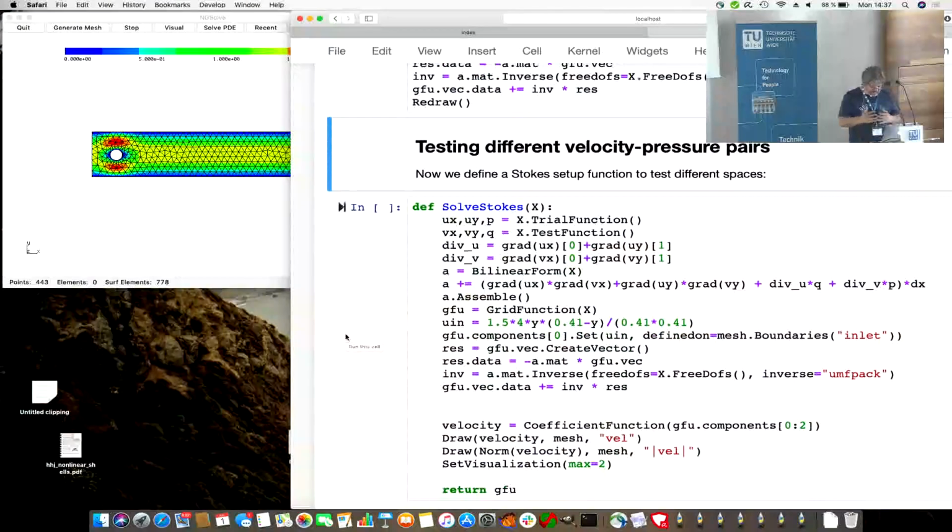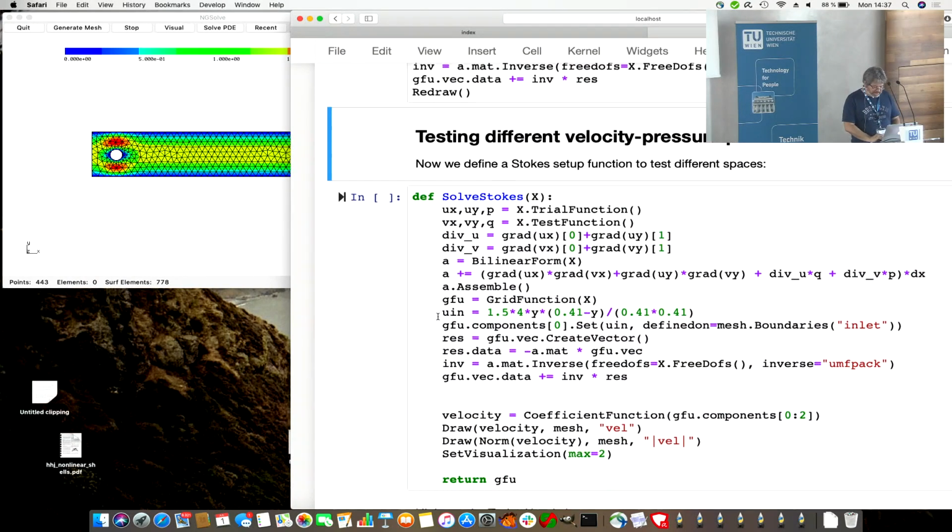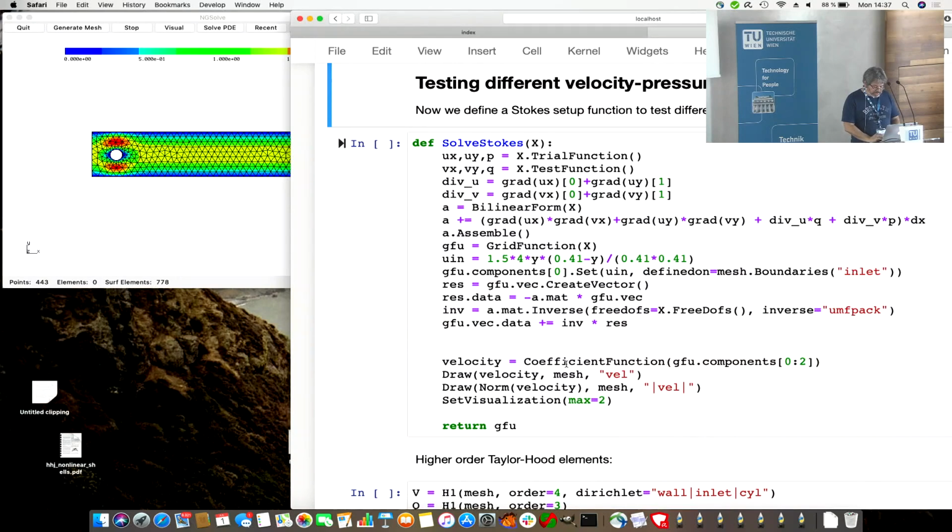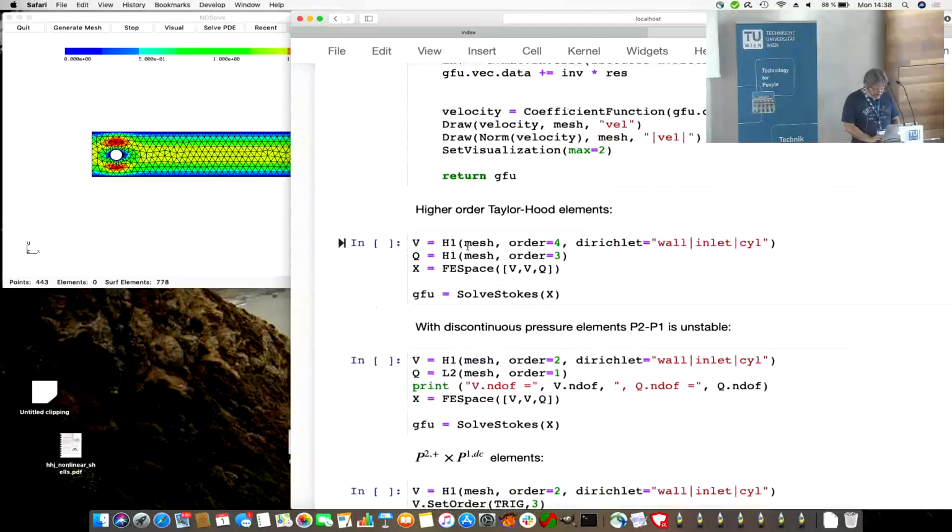When you want to do Stokes in classroom or research, you want to try different discretizations, different pairs of velocity and pressure finite element functions. So I set up a full Stokes solver, it provides a function space, it discretizes Stokes, and look what's coming out.